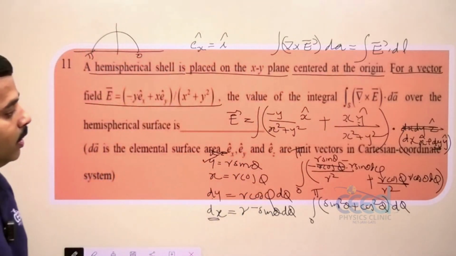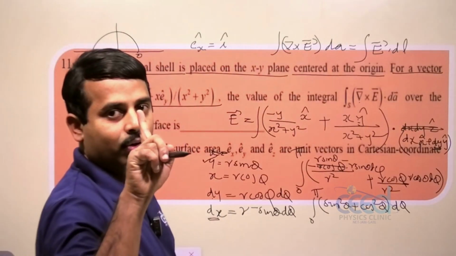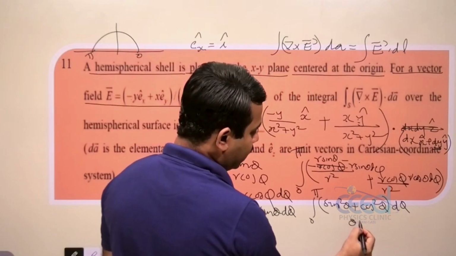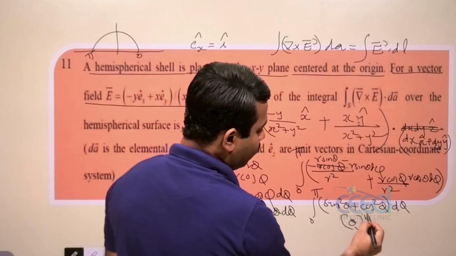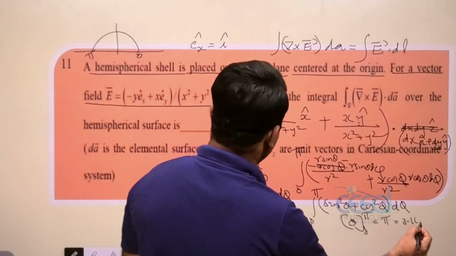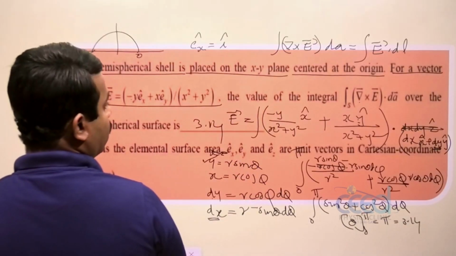Now sin square theta plus cos square theta is 1, so it is d theta integrated from 0 to pi. What is the answer? Pi, which is 3.14.